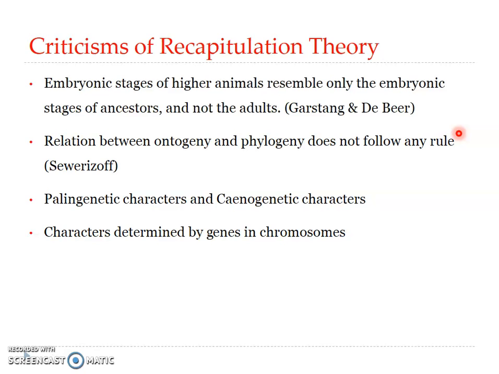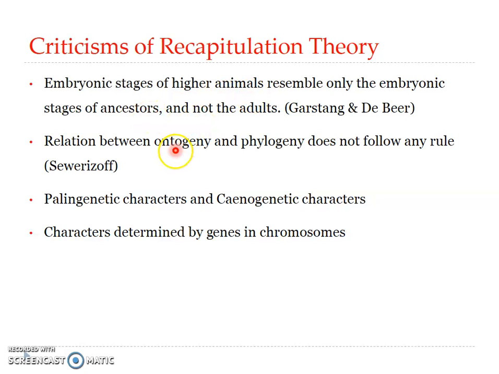According to Garstang and de Beer, ontogenies of animals, that is the embryonic developmental stages, of animals related by descent still remain similar up to a certain point, but then diverge. So therefore, embryological stages do not resemble the adult ancestors, but only the embryonic stages of the ancestors.